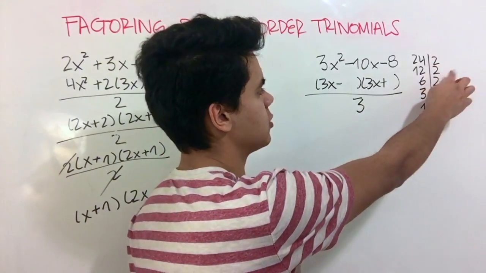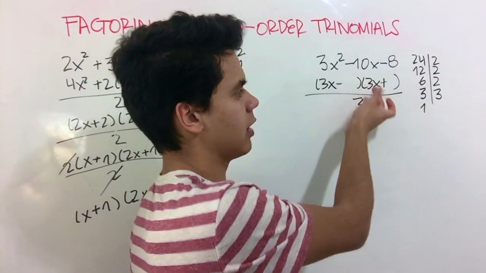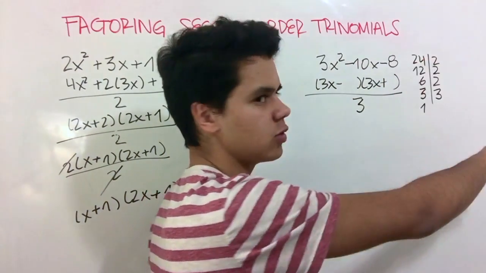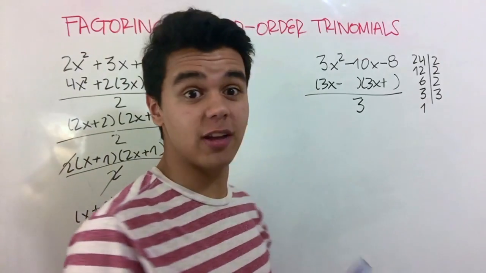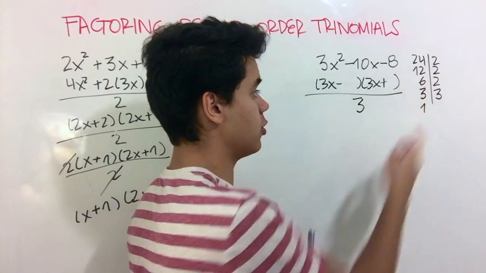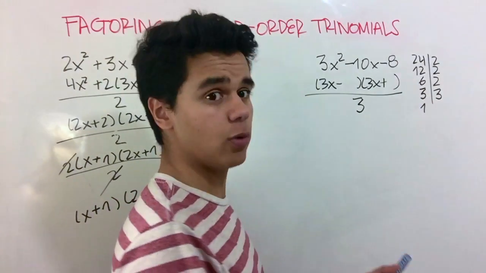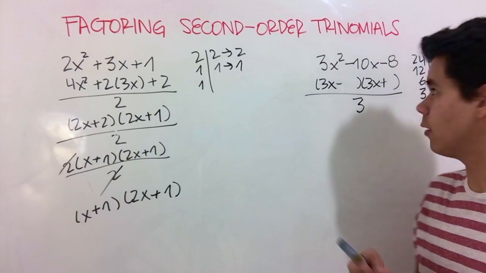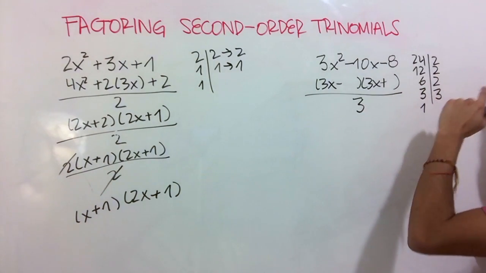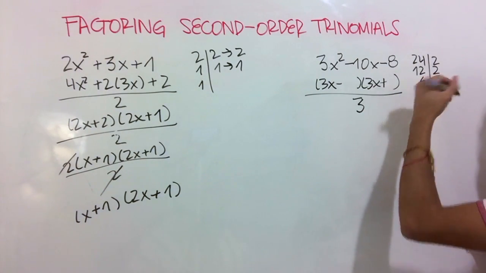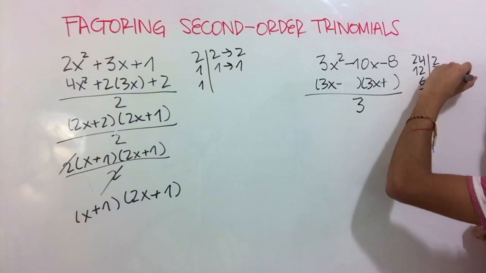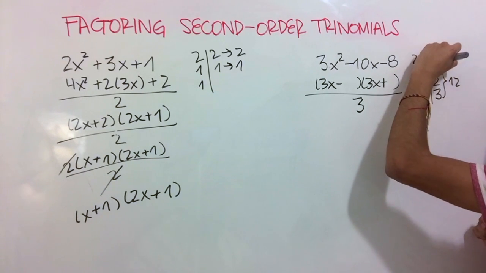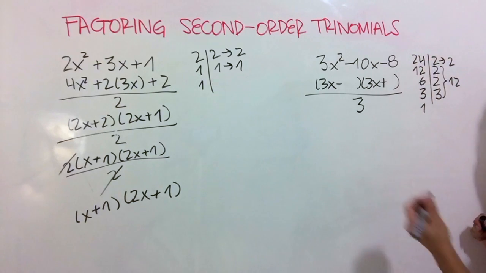We know that 2 times 2 is 4, so that's not going to be the first number, so we don't think about it. Let's try 12. 2 times 2 is 4, times 3 is 12. So all of them together would be 12, and this would be just 2 by itself.